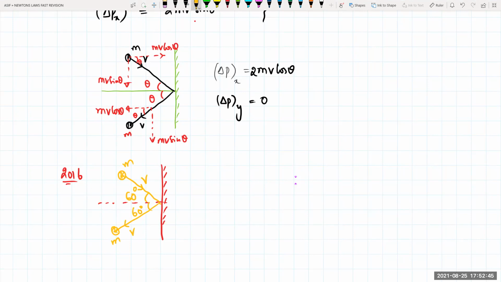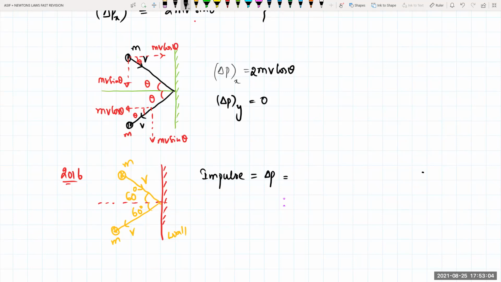What he asked is to find the value of impulse imparted by the wall on the ball. Impulse means change in momentum only. So impulse will be equal to change in momentum.